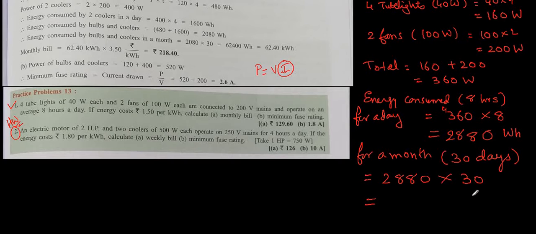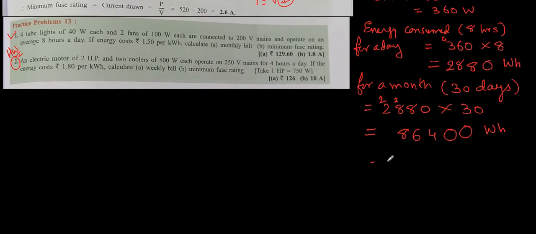This is going to be 0, 0, 3 eights are 24, 2 carry, 3 eights are 24, 24 plus 2, 26, 6, 2 carry, 3 twos are 6 plus 2, 8. This will be in watt hour. Now converting into kilowatt hour, that is 86.4 kilowatt hour.